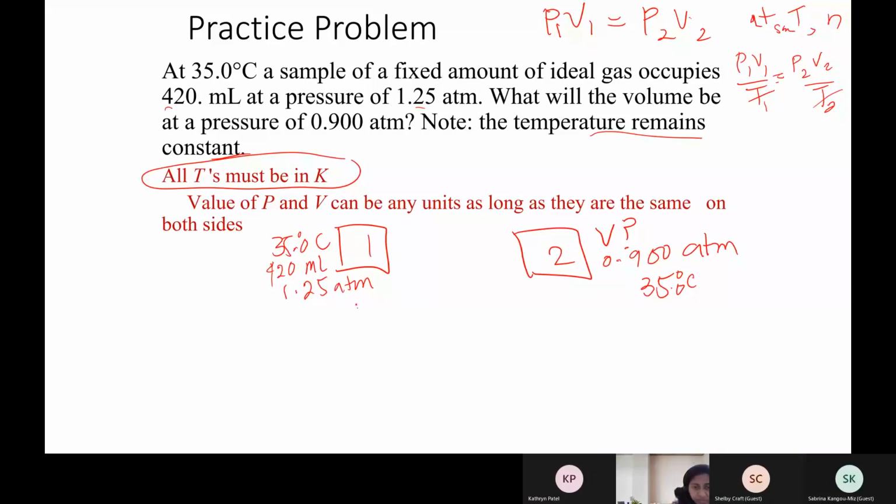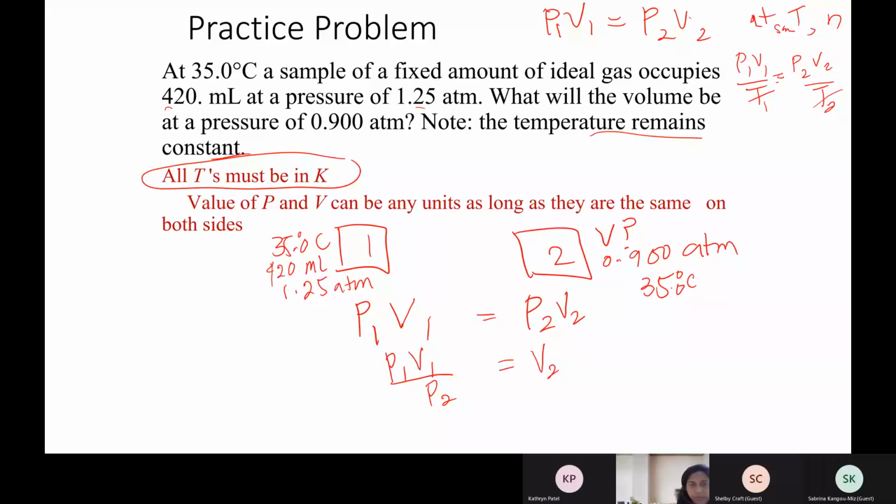Okay, so let me write P1 V1 equals P2 V2. Right. Now I'm going to solve for V2. So let's reorganize this equation: P1 V1 over P2 equals V2. Okay.